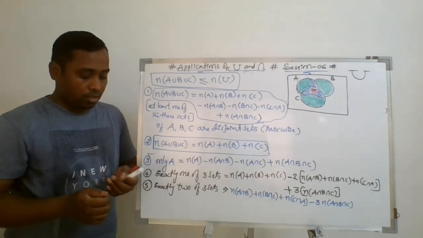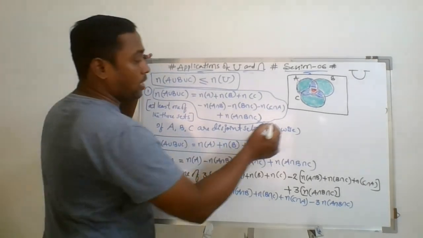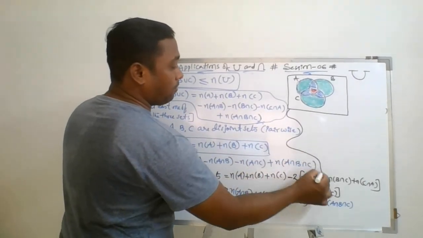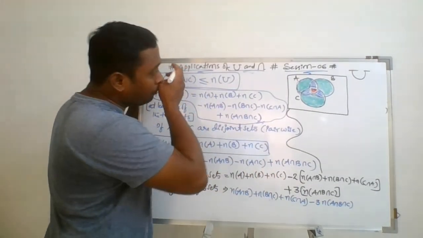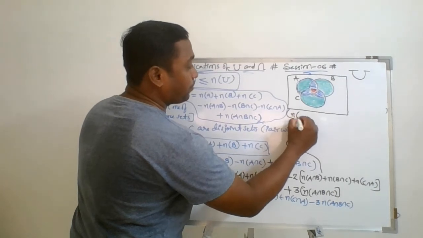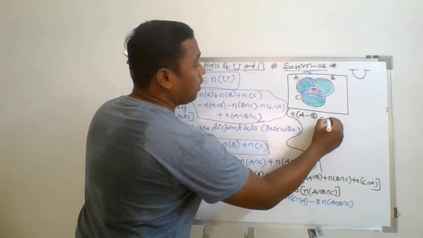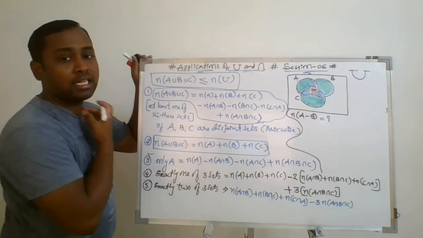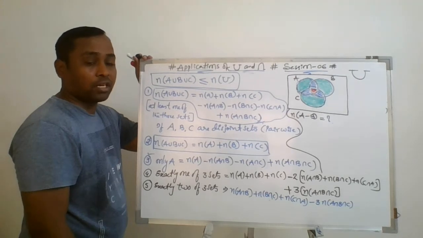So if I ask you a simple question after understanding this concept, if I want to find from this figure, number of A minus B, can you find A minus B means what? A में से B का portion remove करना है.